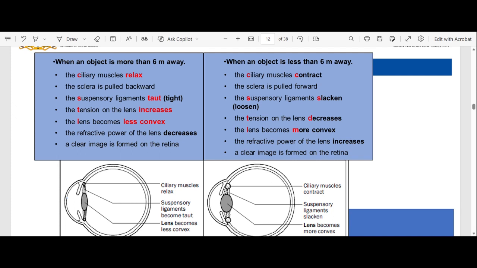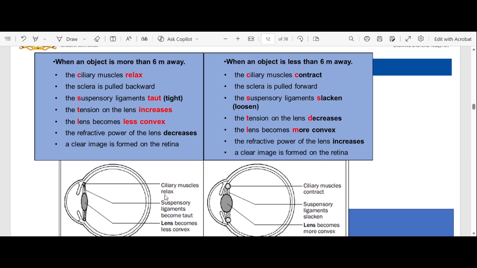And when the refractive power of the lens is increased, it increases its bending power. So light is bent more, right, to focus here on your retina. Then a clear image is formed, right?